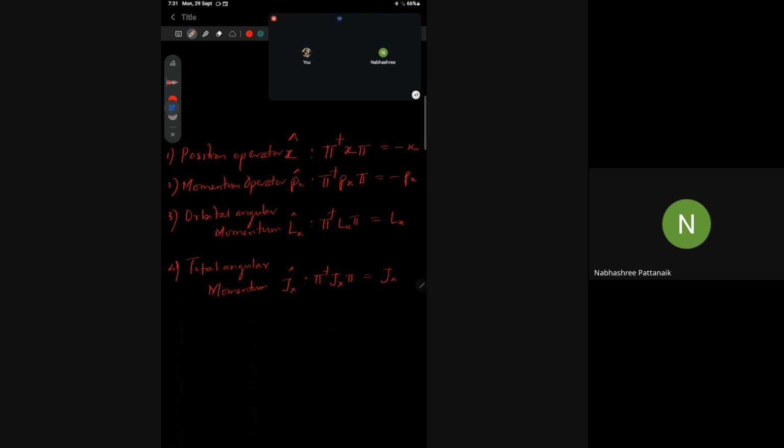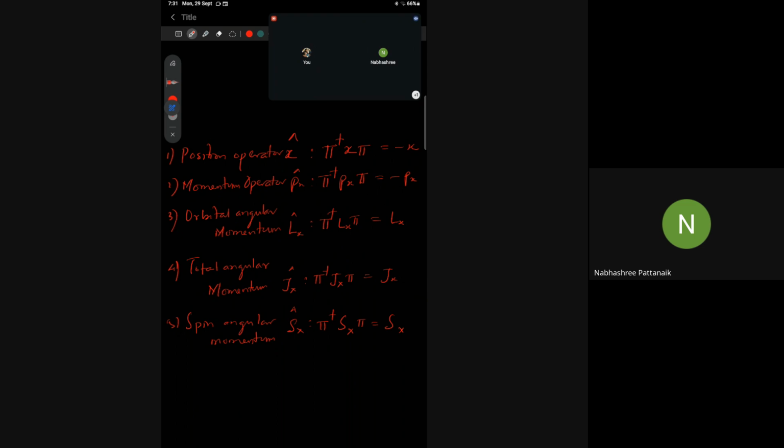And if I take, for that matter, spin angular momentum Sx, pi dagger Sx pi is equal to Sx only.